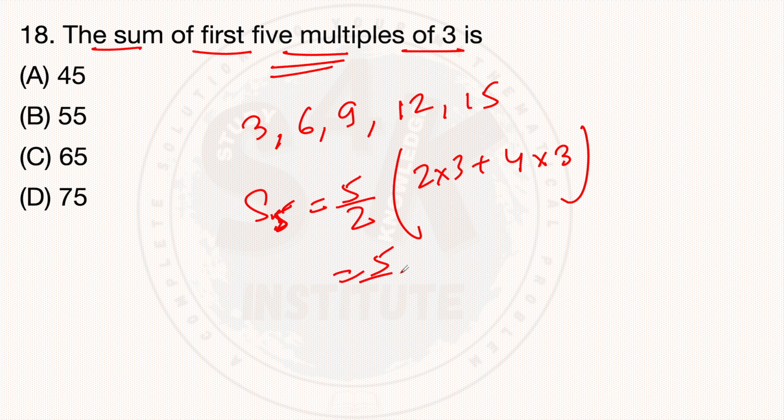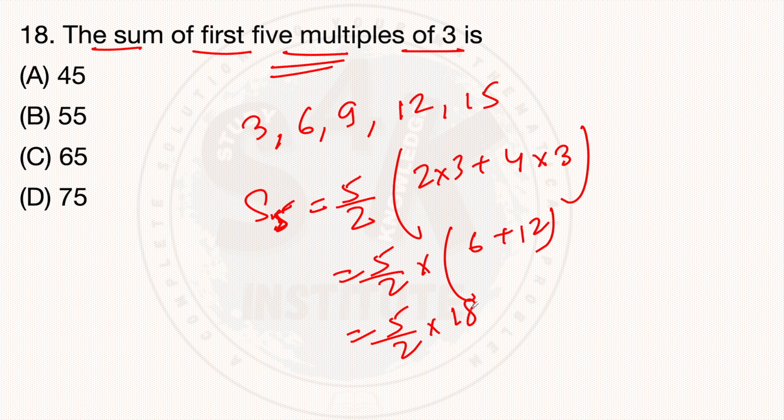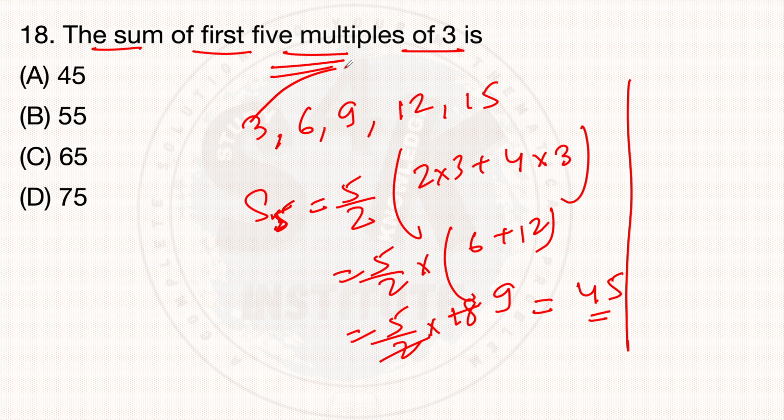So you will get 5 by 2 into (6 plus 12). That will give you 5 by 2 into 18, which is 5 times 9, nothing but 45, right? If you add 3 plus 15, that is 18; 6 plus 12, 18; 18 plus 18 is 36; 36 plus 9 is 45. So the answer is A, 45.